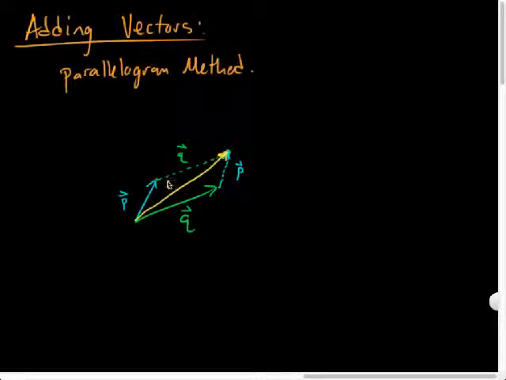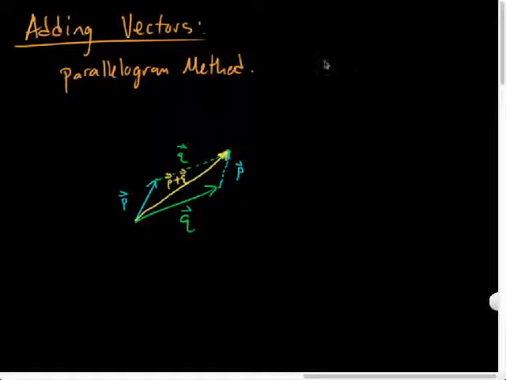So that would be P plus Q. Vector P plus vector Q, technically, right? Or vector P plus vector Q, perhaps, maybe is the better way to say it. So two vectors, when you add them, you can draw this little parallelogram, and that works out just great. The parallelogram method doesn't necessarily work very well if you have a zero vector involved, however, but it does work just all right.